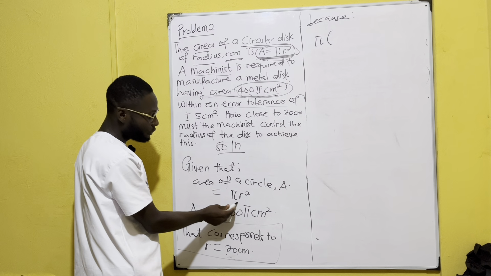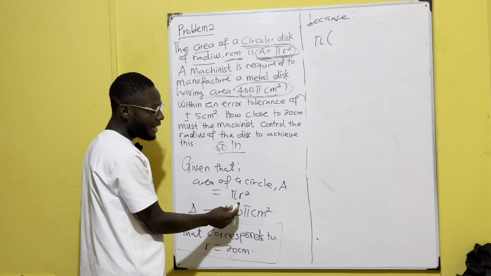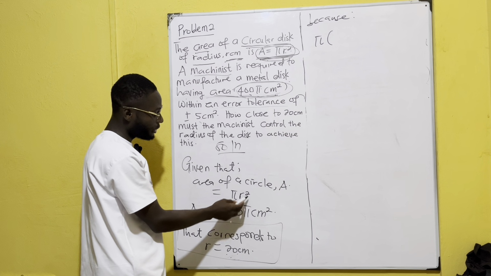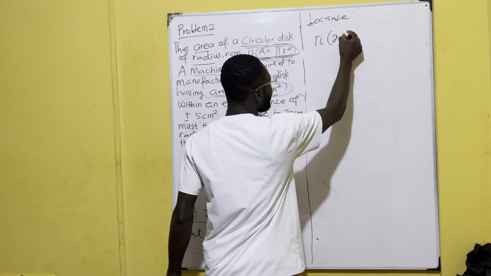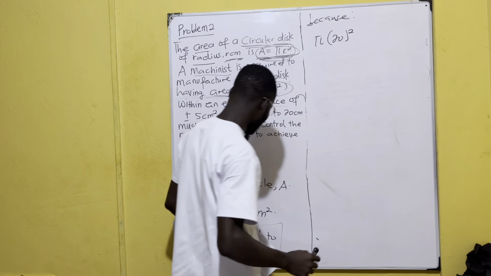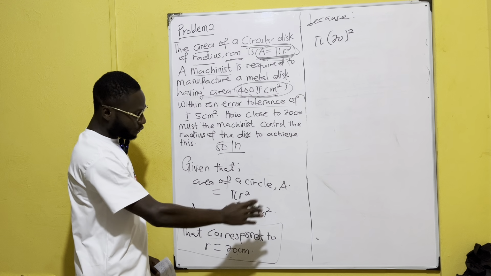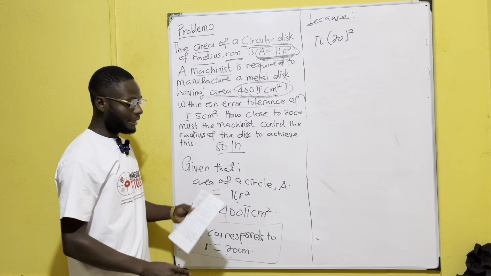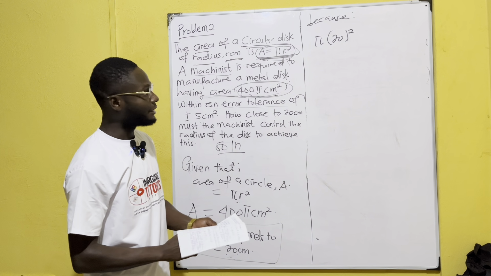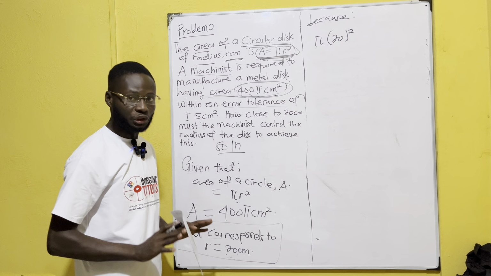So we substitute it into the area of the circle, which is pi r squared. So we have pi into 20 all squared, right? And that should correspond to that. It should be the same.